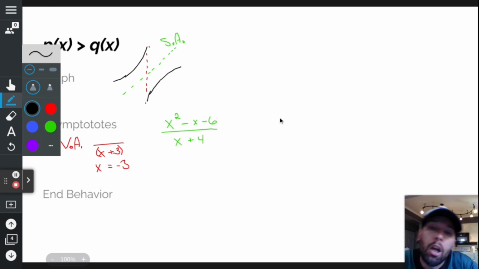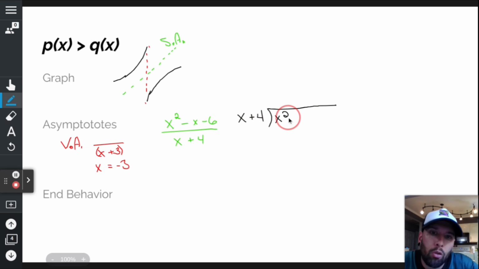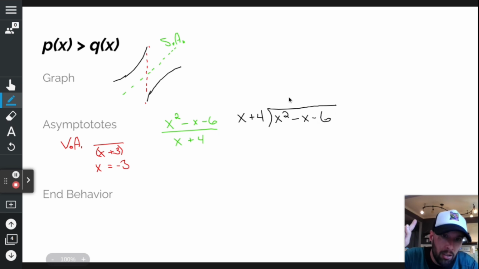You could do synthetic division, but I prefer polynomial long division, so let's set it up: x plus 4 into x squared minus x minus 6. Your answer, ignoring the remainder, is going to be your equation for the slant asymptote. One more time: your answer, ignoring the remainder, is the equation for the slant asymptote.